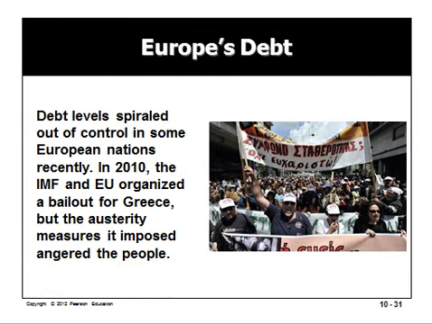More recently, some nations in the European Union had let their debt soar to unsustainable levels. In 2010, the IMF and European Union organized a bailout for Greece, but the Greek people reacted with anger and protest to the austerity measures forced upon them. By mid-2011, Portugal had also received a bailout, and Ireland and Spain looked as though they may be next. This financial crisis underscored the need for managers to fully understand the complexities of the international financial system.